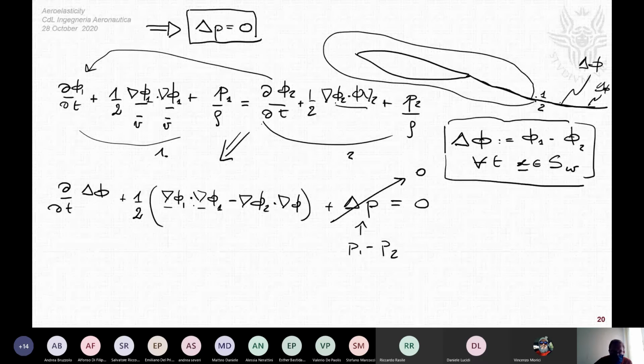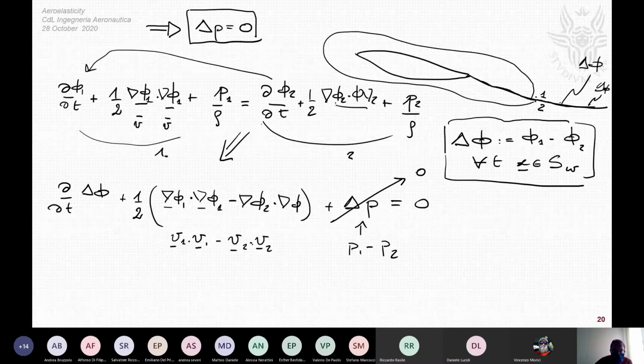And what about this? Here we have the velocity at point 1, just above the wake, dot the velocity 1, minus v at point 2 dot v at point 2.